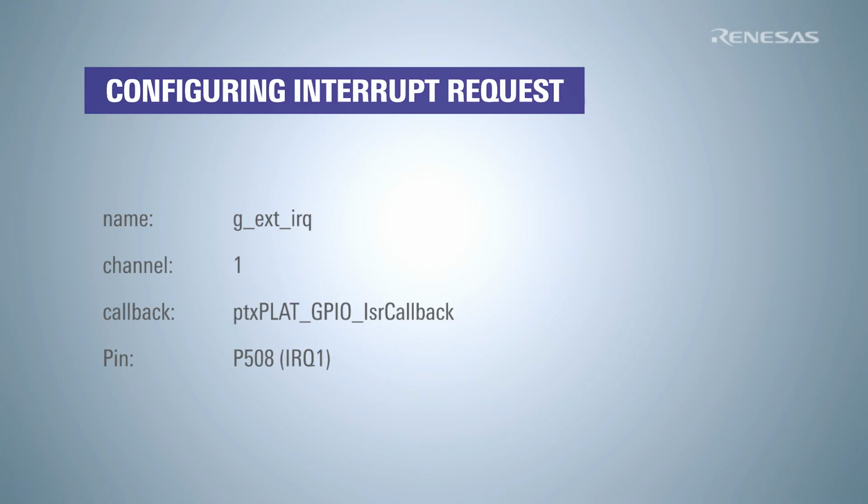Now let's configure the interrupt request. We will name it g_x_irq, set it to channel 1, and use the callback PTX GPIO ISR callback. For the pin, we'll select pin 508, which corresponds to IRQ1 on this board.